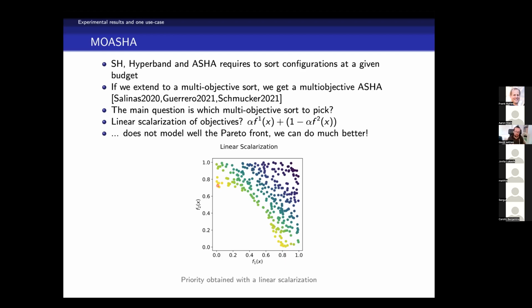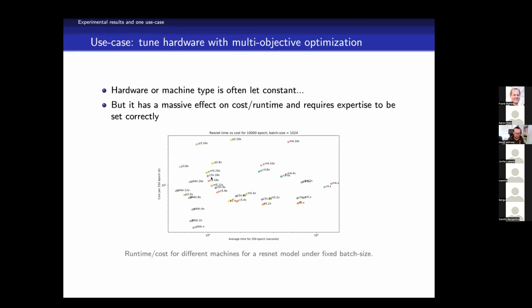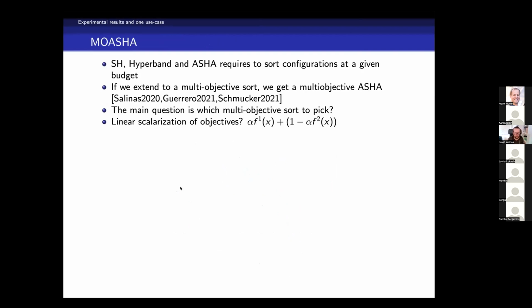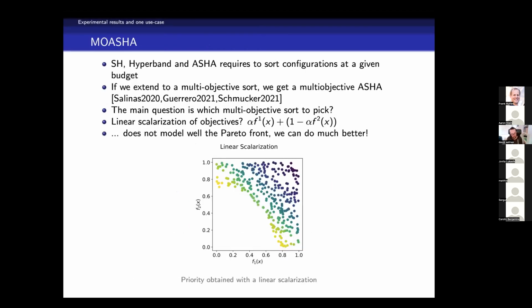The level set of a linear function can never reach a point in the middle, right? That's a bit of a pity. And it's not a far-fetched example to have a set of optimal solutions that is concave. If you look here, that was a concave shape. That does happen in practice. So linear scalarization is not really good.